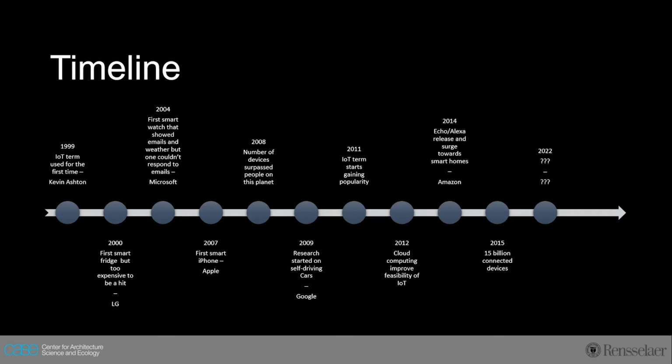So 2012 marks a very important year because cloud computing became accessible and improved visibility of IoT. So cloud computing is basically platforms you can imagine, really powerful computers in a building, not in clouds, of course, and we are connected to them. So let's take the example of our computer or our laptop.